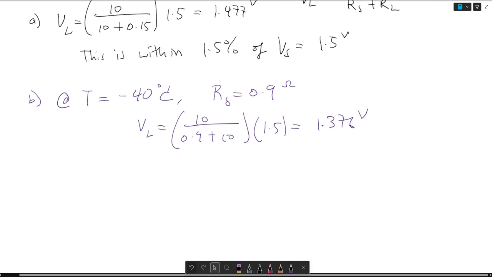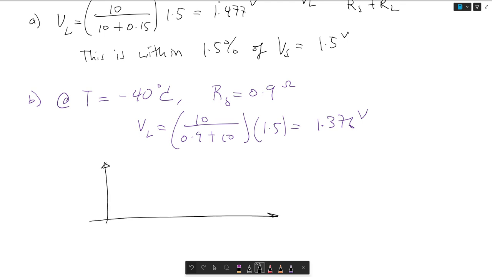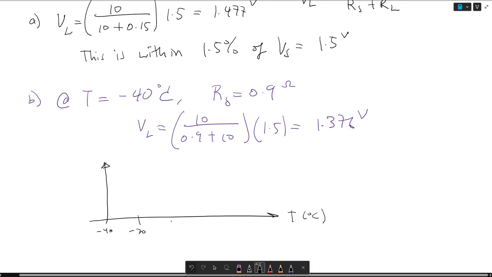The way it looks graphically will look something like this. We have the temperature increasing from -40, -20, 0, 20, and 40. RS, the battery resistance in ohms, let's say this is 0.2, 0.4, 0.6, 0.8.